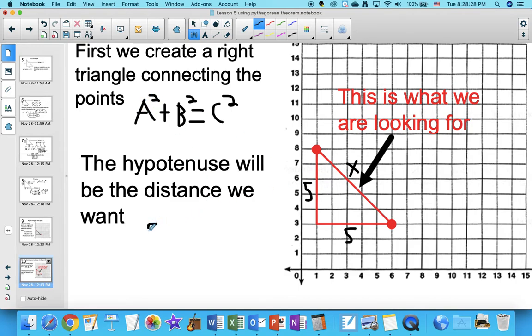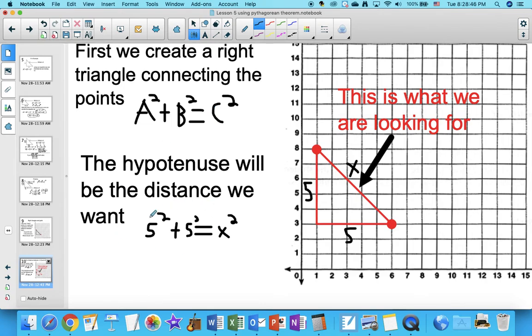So now I have 5 squared, plus this 5 squared, and that's going to equal, and I'm going to replace my C with x, which makes it x squared. Not x, but x squared, because there's an exponent here.